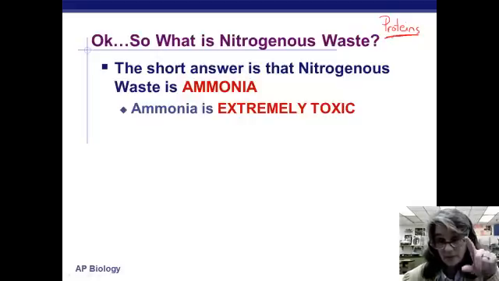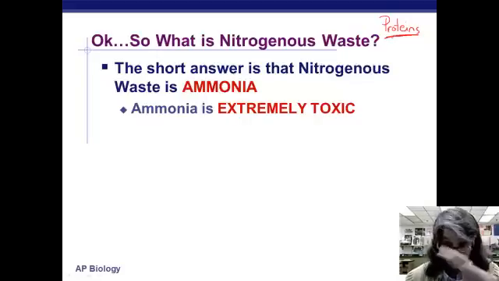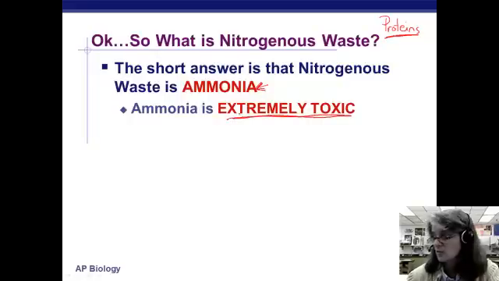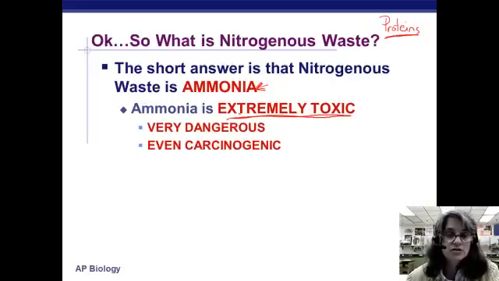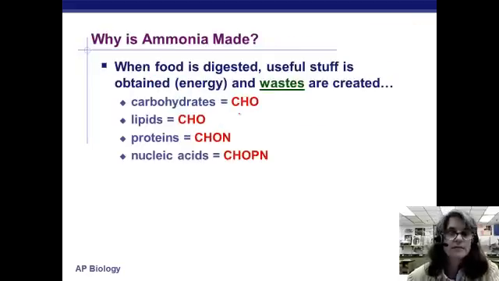And when you break down protein, that nitrogen byproduct that is broken down as part of the amino acids that you break down when you break down the protein, some of that nitrogen gets made into ammonia, and it is extremely toxic. You cannot have very much of this in your cells at any given time, or it will kill the cells. Very, very dangerous, very carcinogenic even.